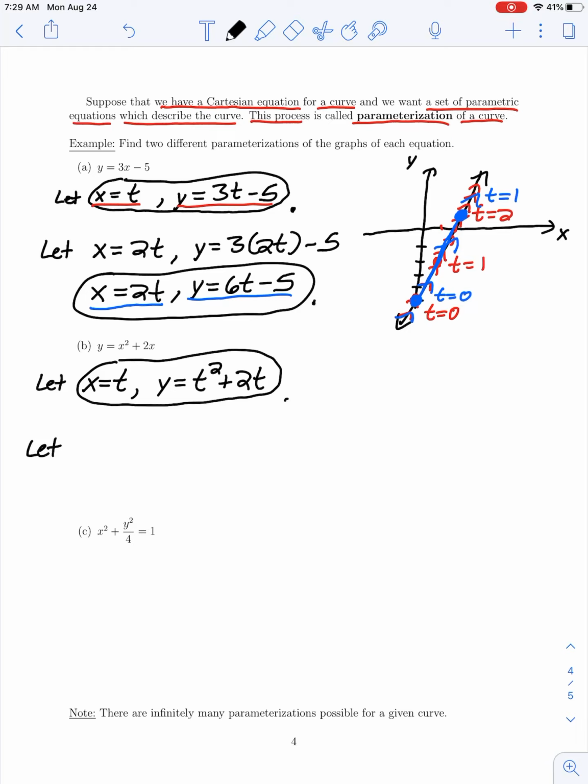Or, of course, another parameterization would be to change the coefficient for t in our choice of x.